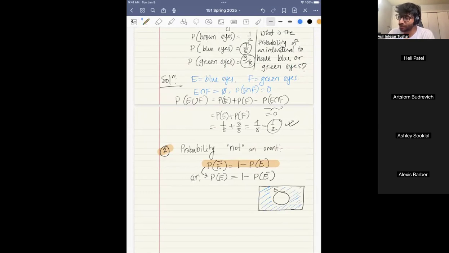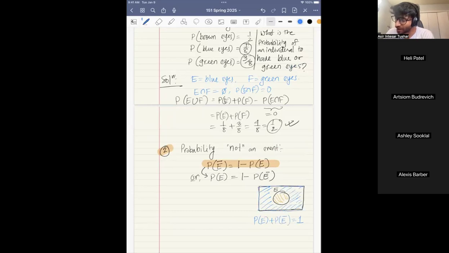Now, if you also take E with it, the probability of E plus the probability of E complement should be 1 because it takes up the whole space.